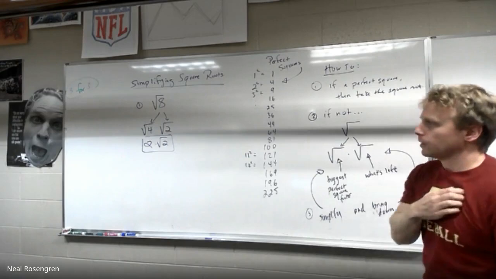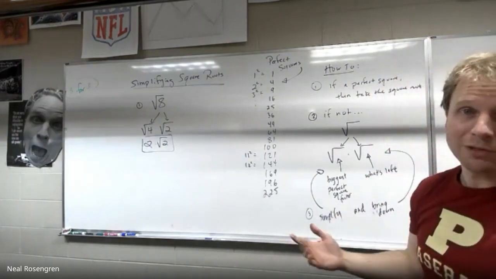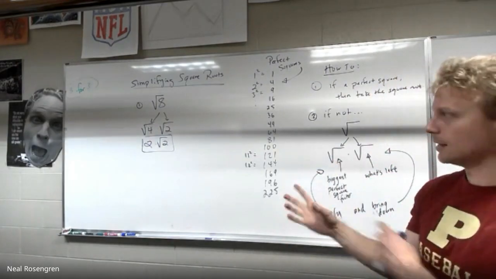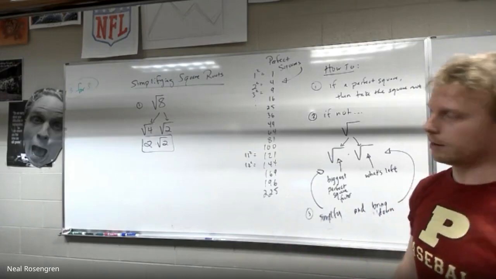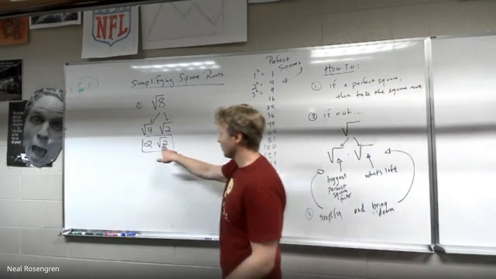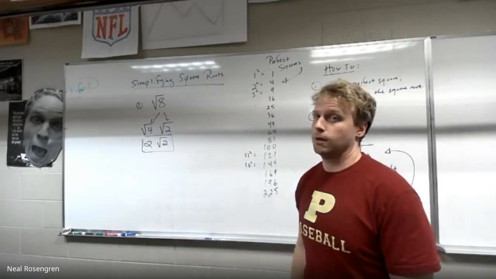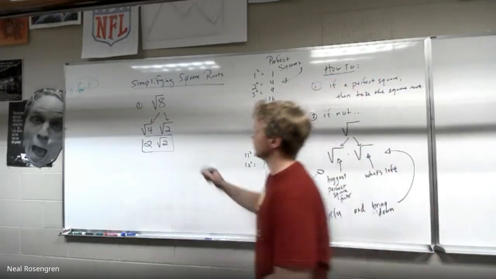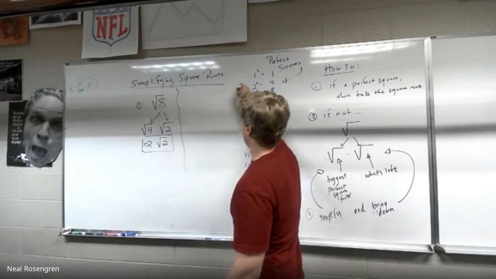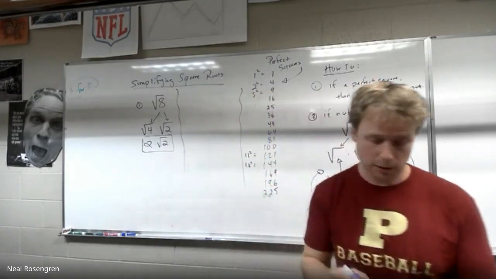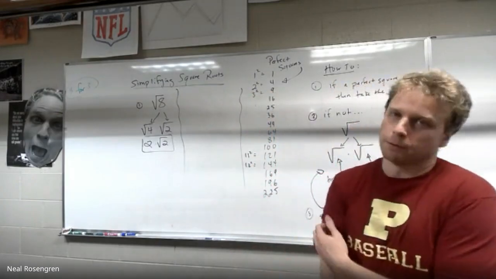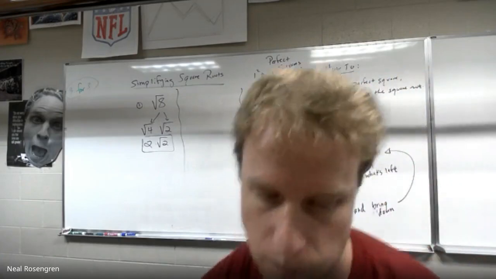And look at your numbers. A really nice 2 on the outside that maybe I can do something with, and I'll show you that on Monday. And the number underneath the square root, way smaller than it was to begin with. And that's always nicer for me to work with, so that if I can do something with it, I can deal with smaller numbers as that process goes on.